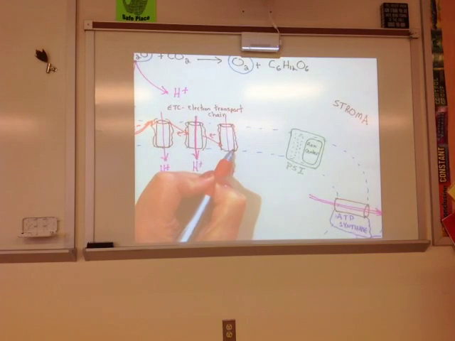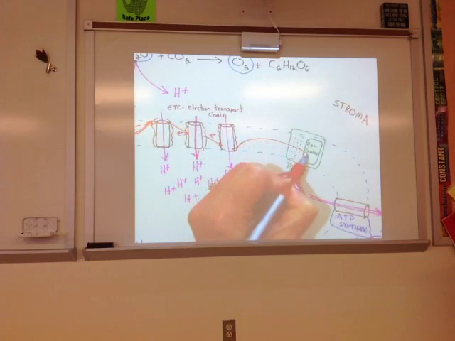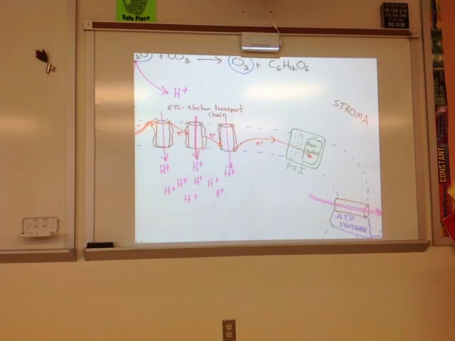But we're just going to skip it and show that the electron eventually makes its way to the reaction center of photosystem 1. This is the electron that's released.